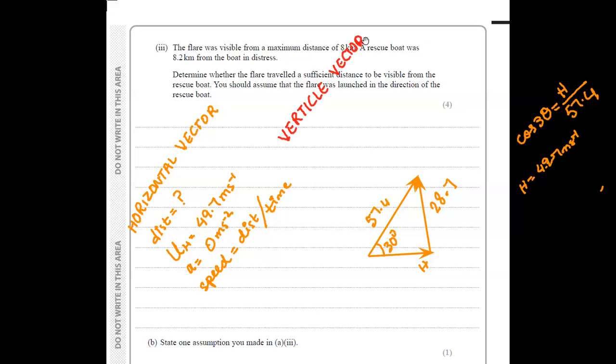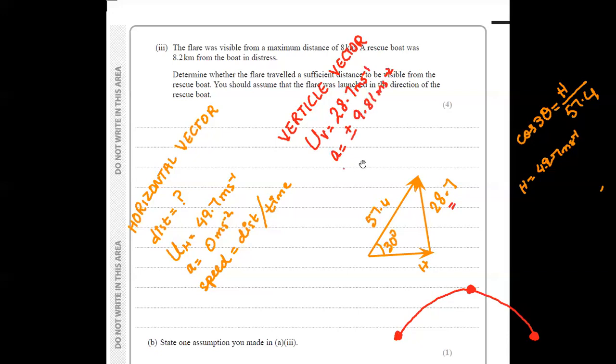What information do we have about the vertical vector? Well, we know this was our flare. It was being launched, going upwards, and then coming downwards. So we know that the initial vertical velocity is 28.7. We calculated it in the previous question. We know that the acceleration is minus 9.81.